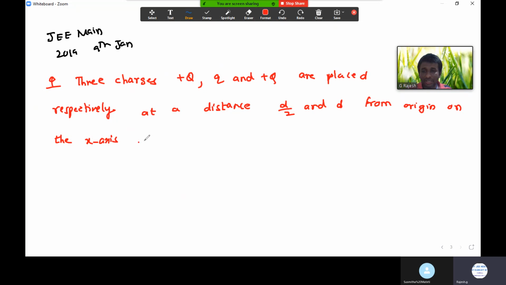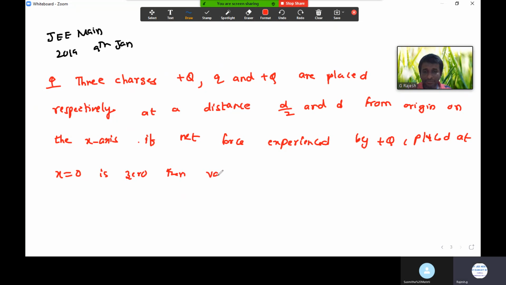If the net force experienced by plus Q placed at the origin, at x equal to 0, is 0, then the value of q is: option A minus Q by 4, option B plus Q by 2, option C plus Q by 4, option D minus Q by 2.